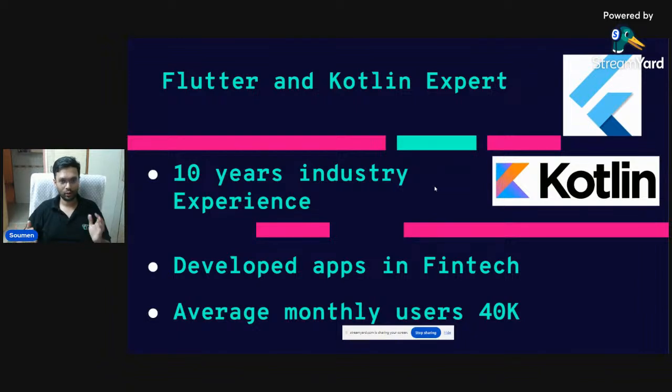So yes, not big statistics, and I'm talking about apps which are live in the Play Store and App Store. So the thing is, I'm talking about what kind of concurrency my apps have got. There can be so many users, so many devices, and yet how do you create this Flutter app working seamlessly on any kind of device?